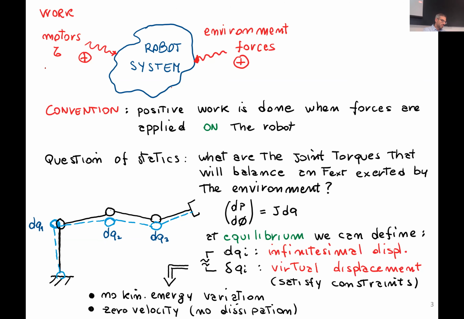So the infinitesimal displacement, as we defined for the joints, can be also defined for the end effector, like an infinitesimal displacement at the position or even at the orientation. And this will be related to the infinitesimal displacement at the joint by the Jacobian. So the same as velocities, we can do for infinitesimal displacement.